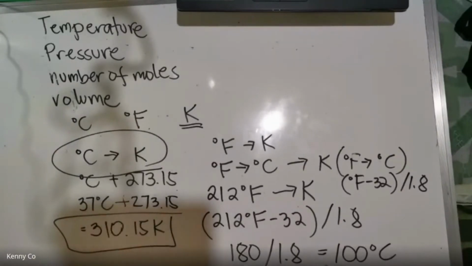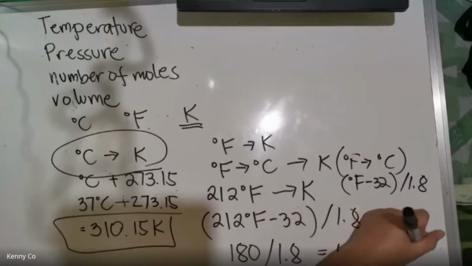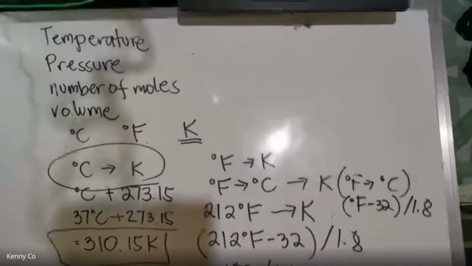So dito, 100 degrees Celsius plus 273.15, our final temperature will be 373.15 Kelvin. So yun yung sa temperature.